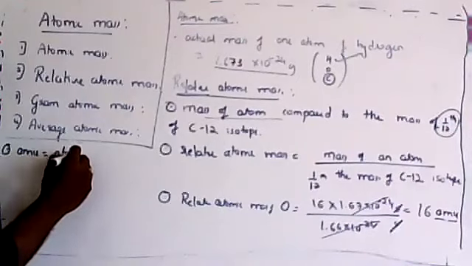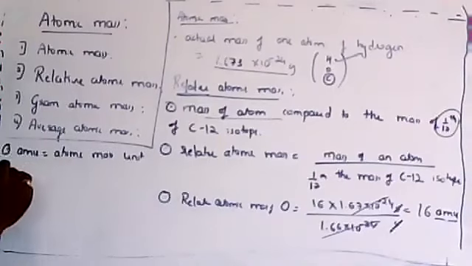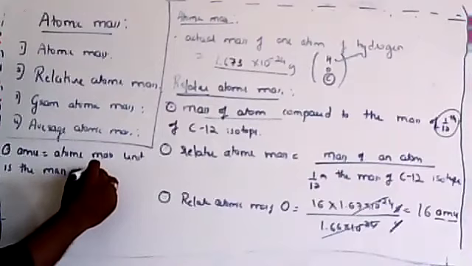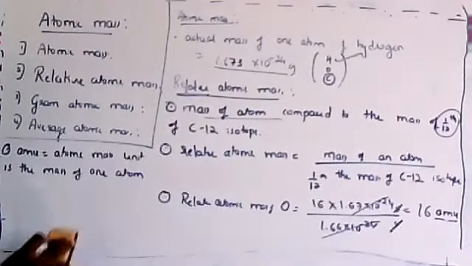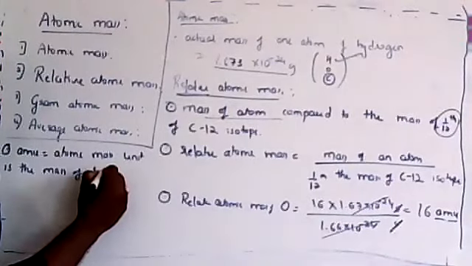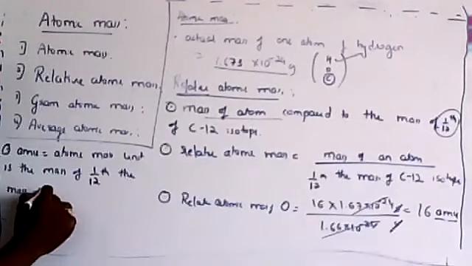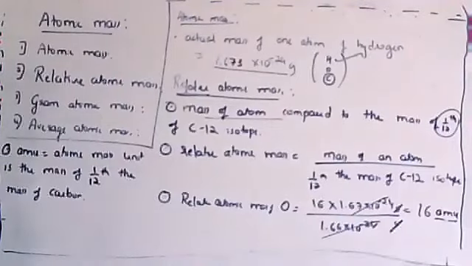Atomic mass unit is the mass of 1/12 the mass of carbon. That is what we call an atomic mass unit, or AMU. What do you mean by that?